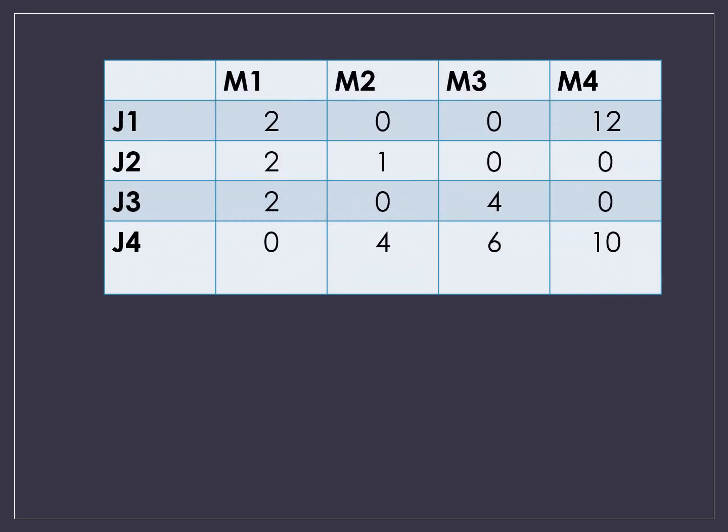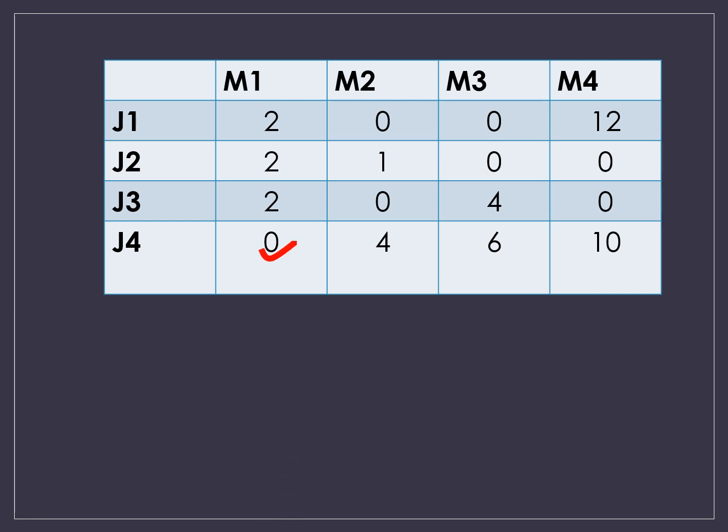Now let's see the possible alternatives. First, we have to see whether there are any single alternatives. Here for machine 1, we just have one single option, which means we have to allocate machine 1 for J4. Other than that, there is no other alternative. So first we allocate machine 1 for J4.